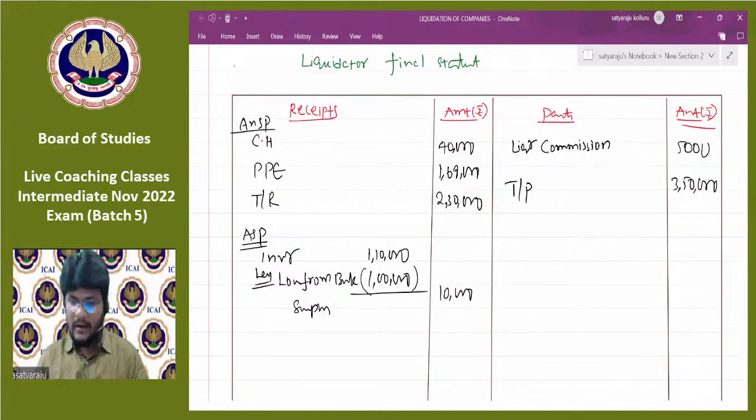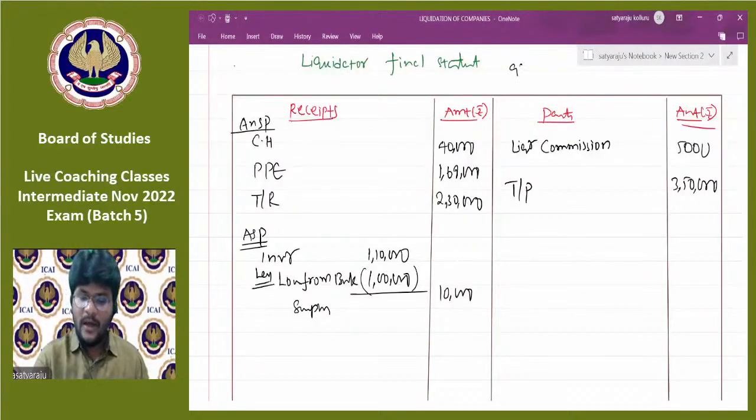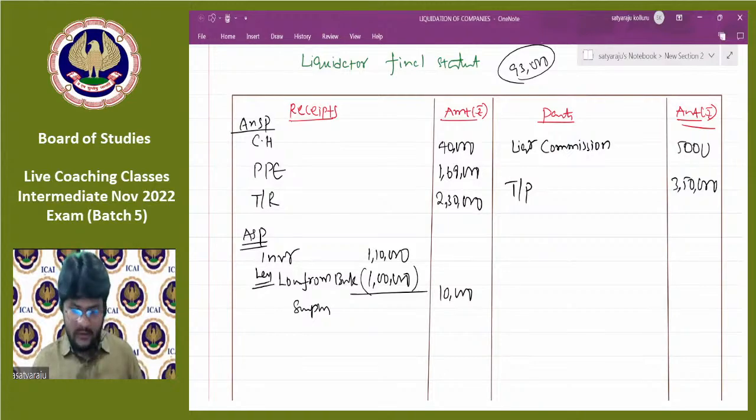First, under receipt side, 40,000 plus 1,68,000 plus 2,30,000 plus 10,000 minus 5,000 I paid for liquidator commission minus trade payables I paid 3,50,000. Still I have 93,000 cash balance. After making payment to trade payables, I have 93,000 cash balance.